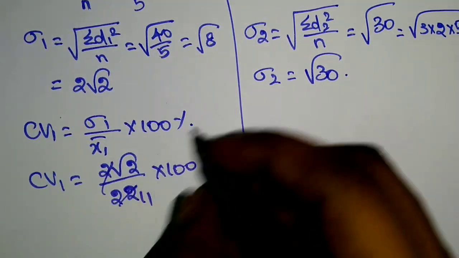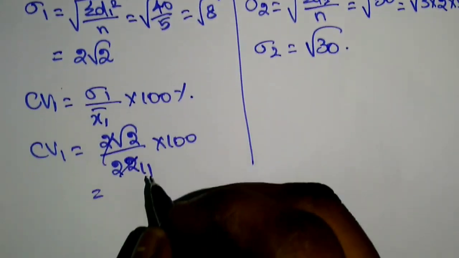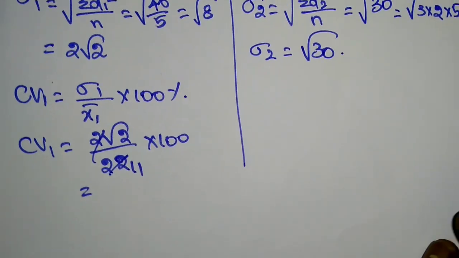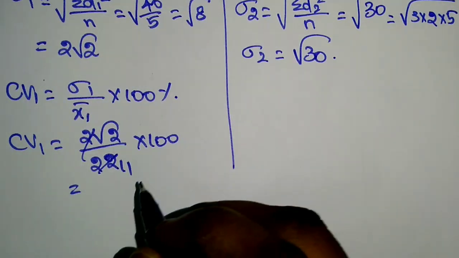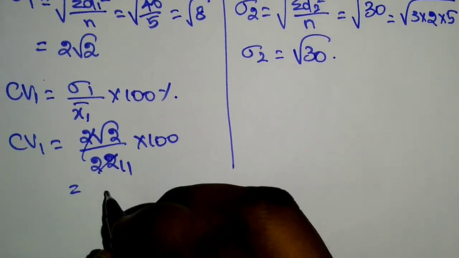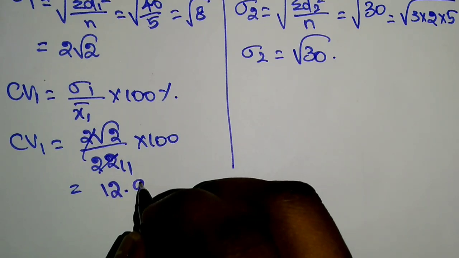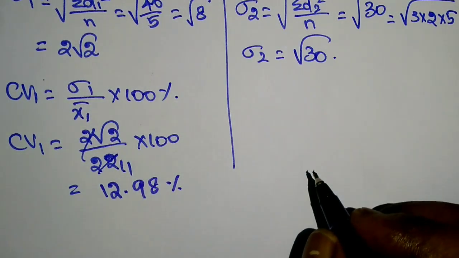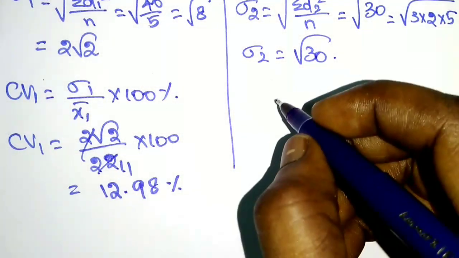This is 11. Root 2 value is 1.414. So 1.414 divided by 11 into 100 we can write as 12.98 percent. So CV1 is 12.98 percent.